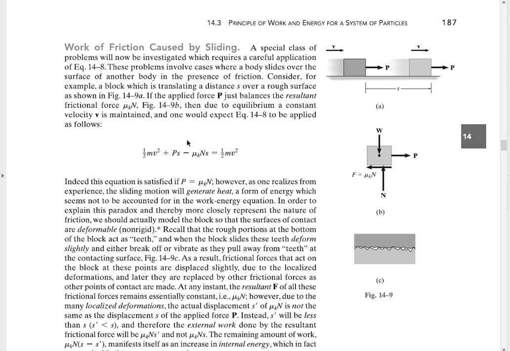If we state the principle of work and energy, we have the initial kinetic energy, and this is the work of force P. P is assumed constant, so it will be P times displacement S. And then the work of the friction force. We know friction force is the kinetic coefficient of friction times the normal force, which is equal to W. There's no work done in the vertical direction.